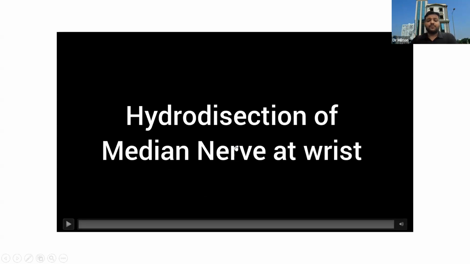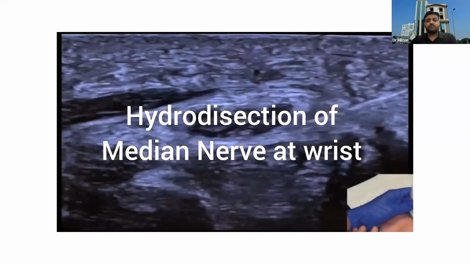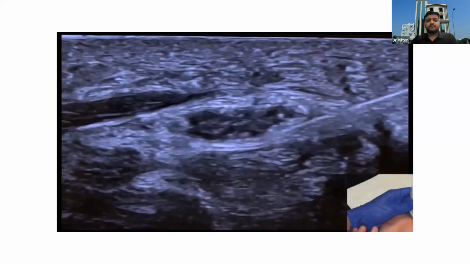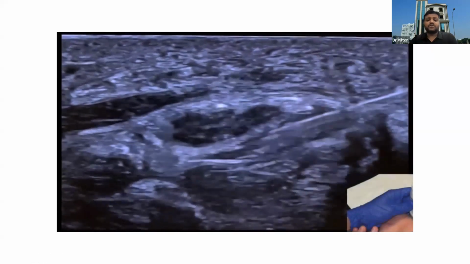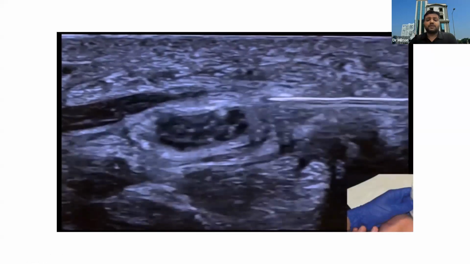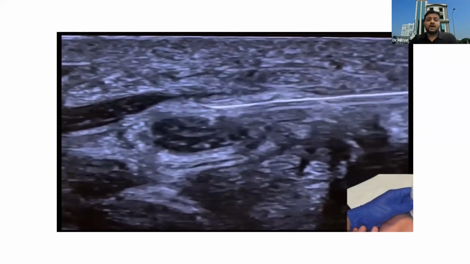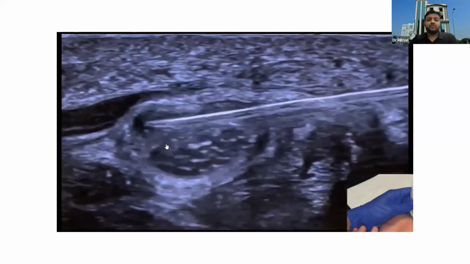So here we saw this video. Just under the nerve, we come and give the dextrose, and above the nerve, we just enter, and after that we hydrodissect from the surrounding structure. And now you can see a very good structure.